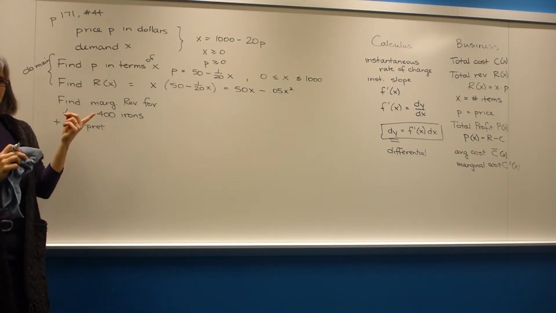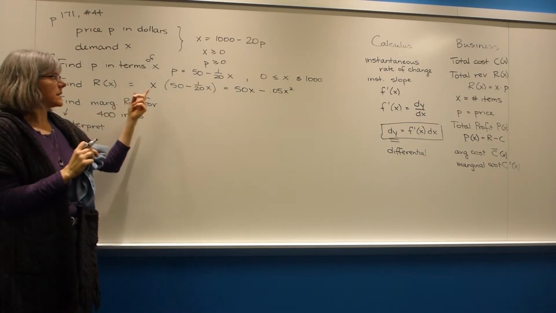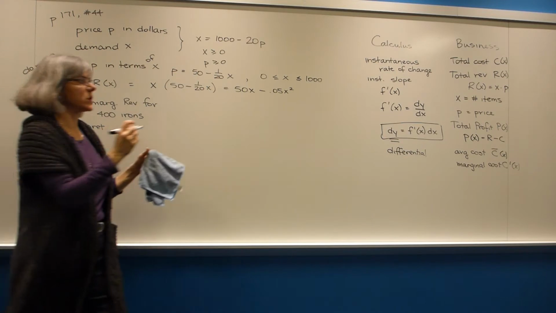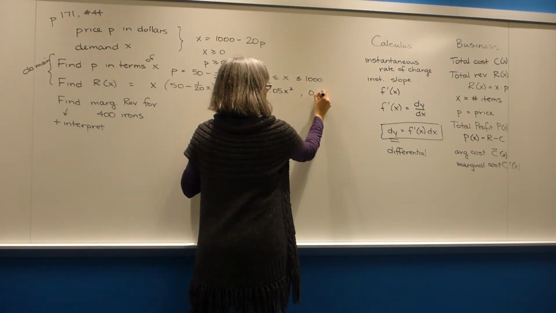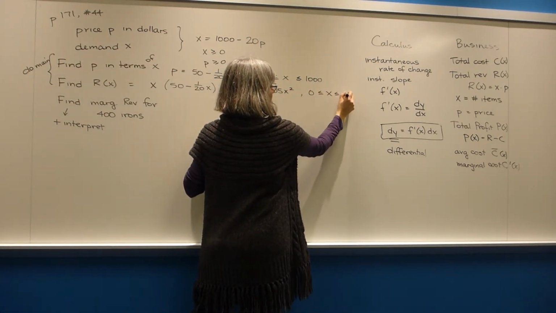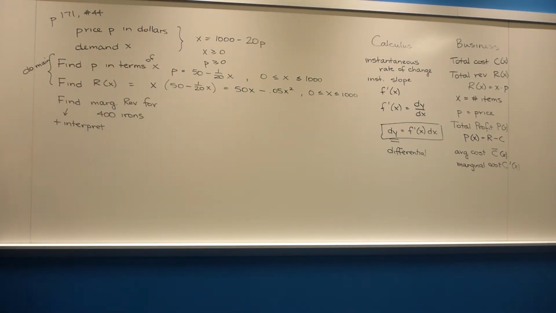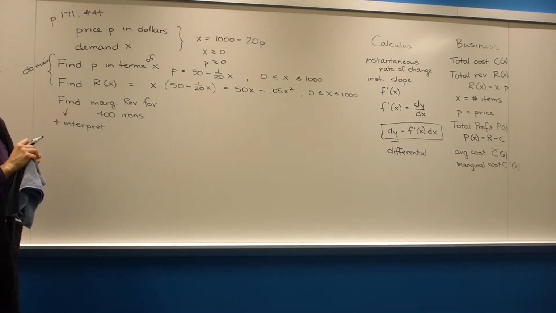What about the domain for this one? Exactly the same. The domain is exactly the same. So once you find that domain the first time, you're done. Is that always going to be 0, and you just plug in 0 to your original?